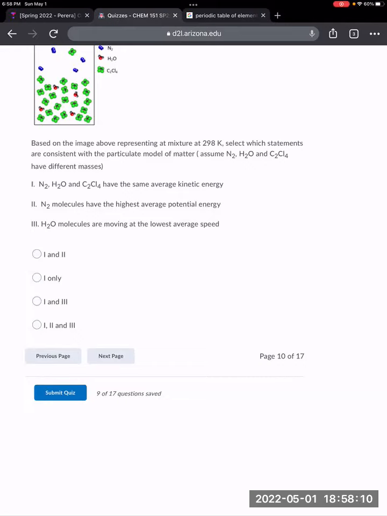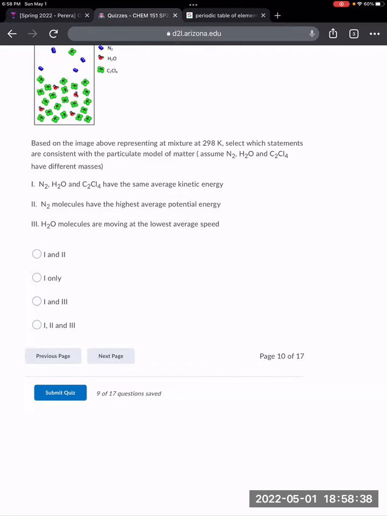Therefore, C2Cl4 must be moving the slowest out of all of these particles. If they have the same energy, the particle with the highest mass should be moving the slowest. It's like this. If the Tesla car and an 18-wheeler had the same energy, then the Tesla car, which is much lighter, should be moving the fastest.